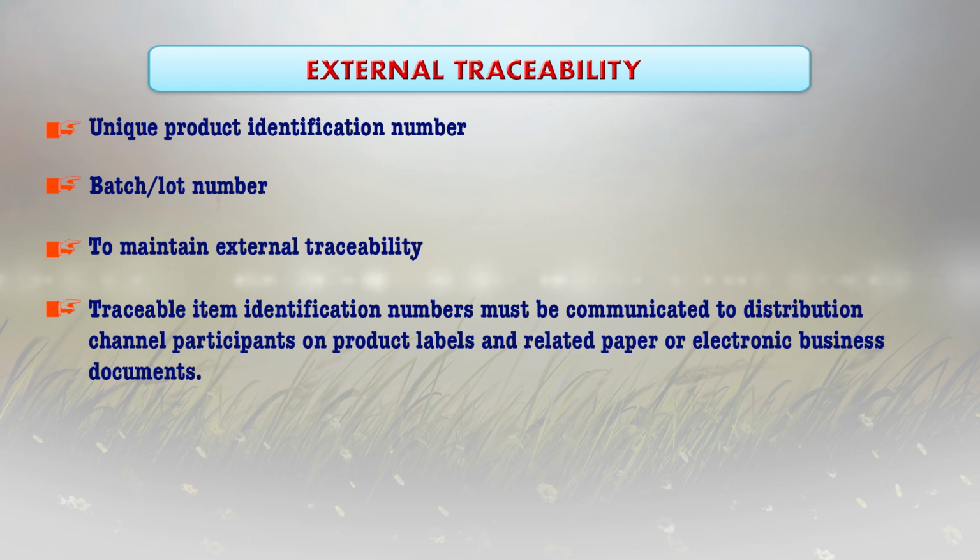So, these identification numbers must be communicated to the distribution channel, those who are working in that, and also on the product labels and related paper or electronic business documents. These are most important especially for the traceability criteria.